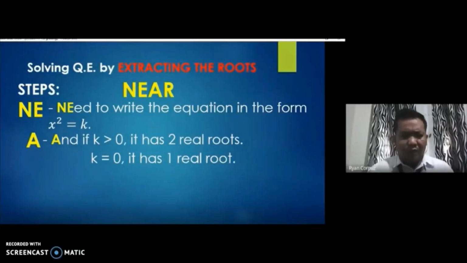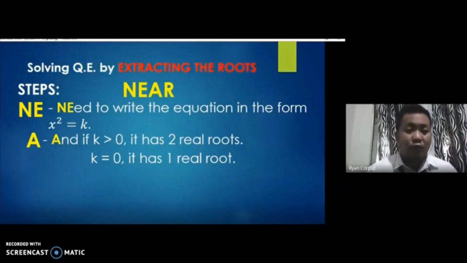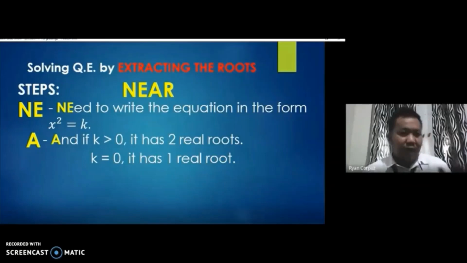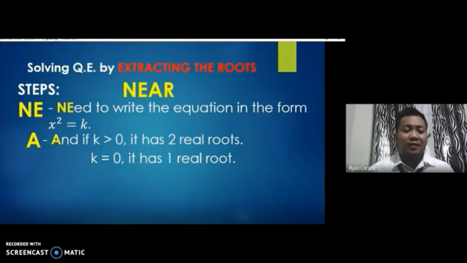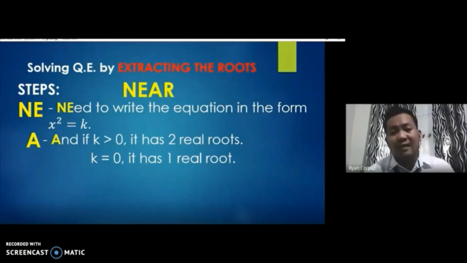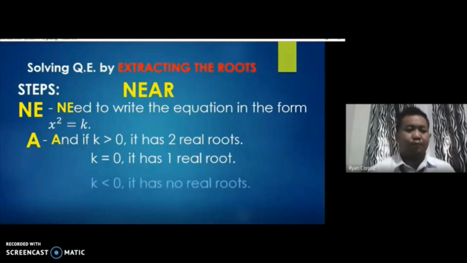Why did we say it has 1 real root? A quadratic equation has 2 solutions, but how come we can come up with 1 real root as a solution? For the reason that its solutions are the same. So that's why if your k is equal to 0, it has 1 real root.